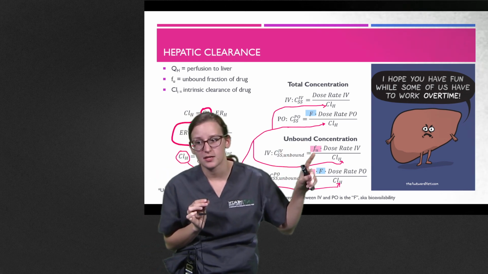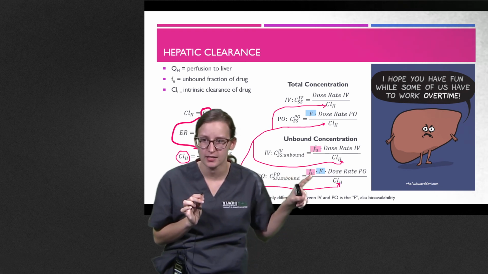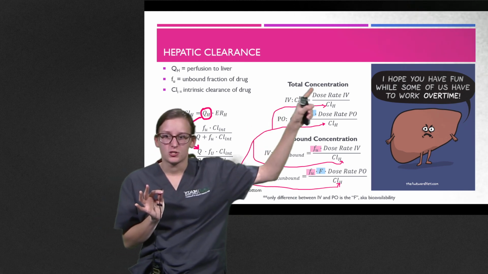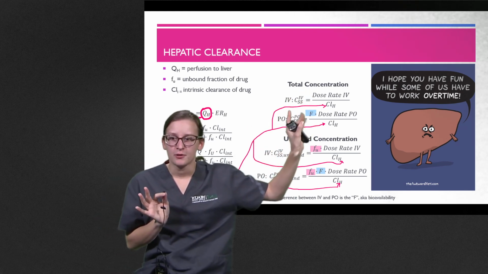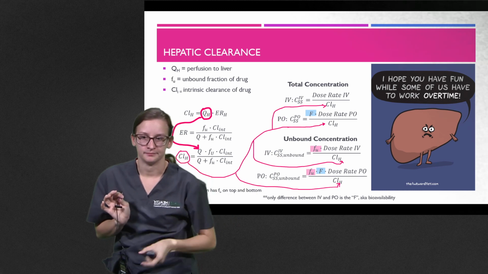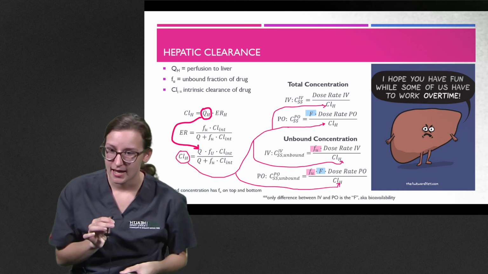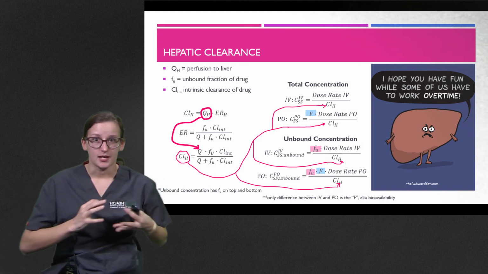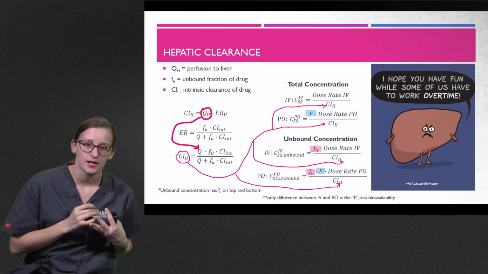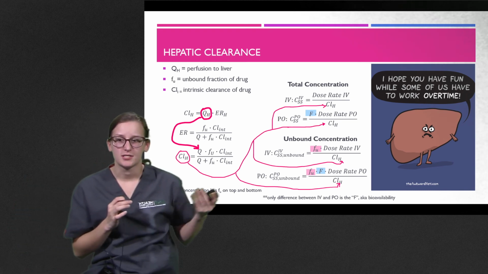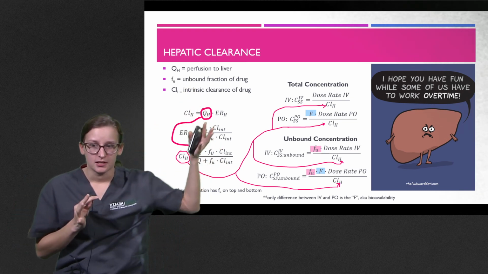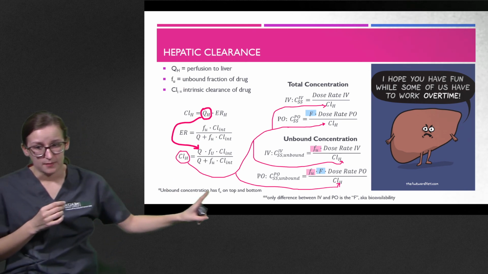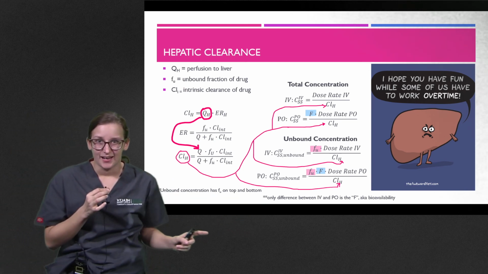So that's why the unbound concentration has FU in the equations, whereas total concentration doesn't care if it's bound or unbound, so you don't have that changing up the equation up here. And then SS stands for steady state. So if the drug is in homeostasis within your body, how is it acting, and how do these different parameters affect the elimination rate? And here I've said the same thing just in case you look at the slides without listening to this lecture.